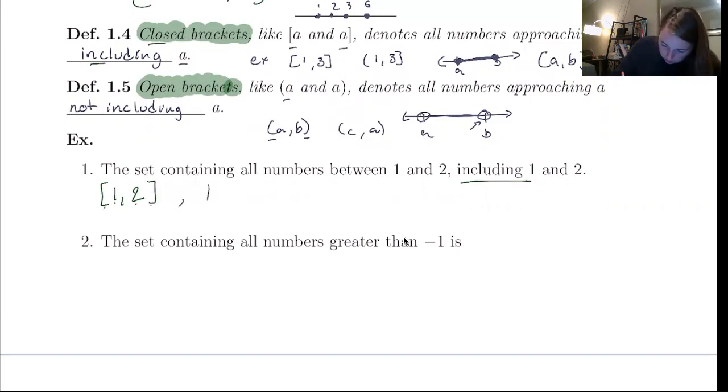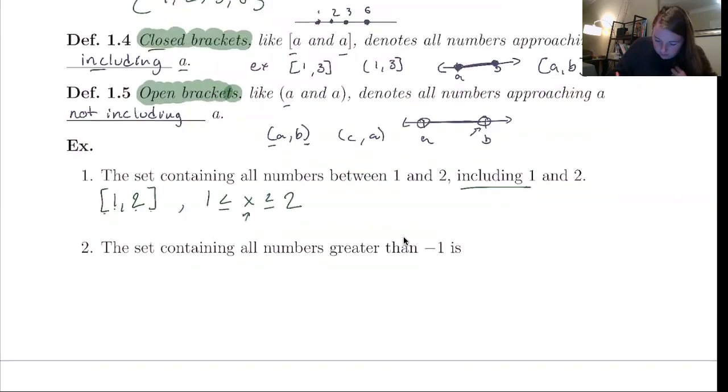I can also say 1 less than or equal to x, where x is just a number, less than or equal to 2. So we use less thans here, but we also said equal to, including. It's just a number between 1 and 2, including 2. That is a really good way of representing it.